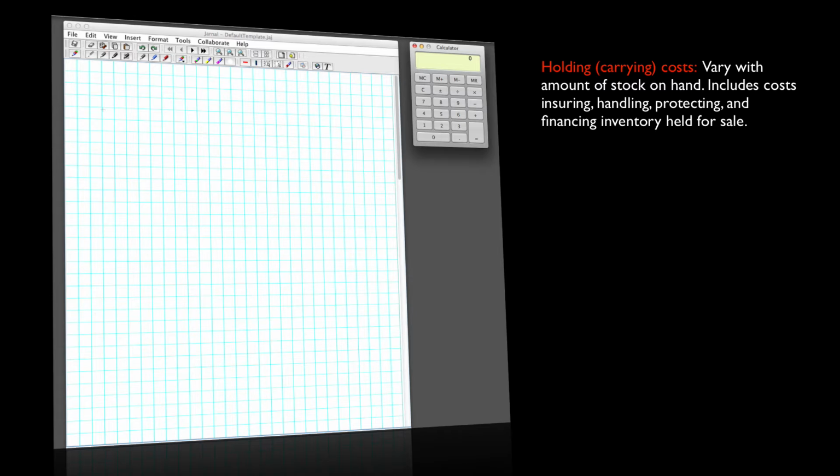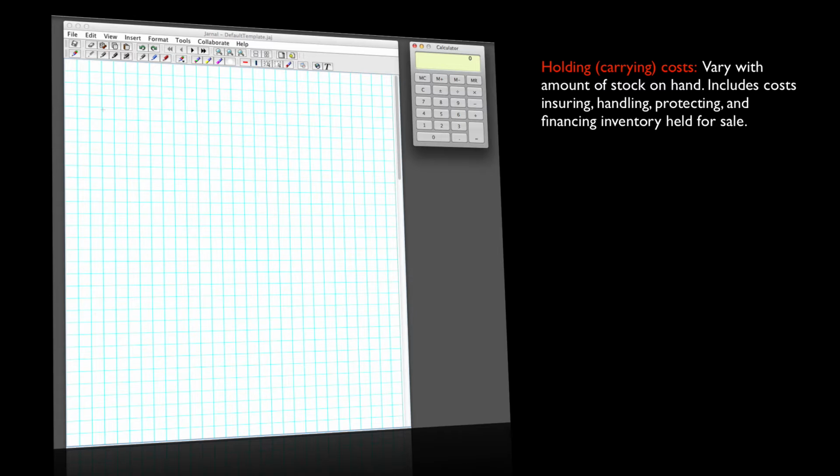Could be safety procedures that we undertake, security to avoid theft and pilferage. It could be insurance that we maintain on it. And we're going to call these costs holding costs. They are costs specifically associated with holding inventory. And we usually see those expressed as some percentage of the value of the inventory that we're holding. So that's the first category of costs we want to make sure we're managing.